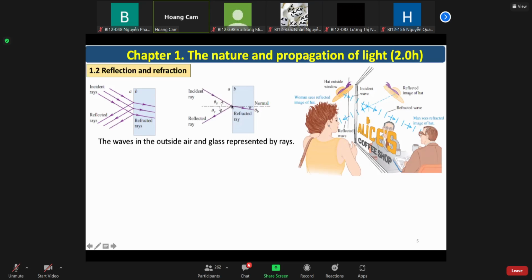And in order to draw the reflected ray as well as the refracted rays precisely, we need some mathematical tool, right? Yes, we need some law to show the relationship between the reflected rays and the refracted rays. In order to do that, first, we will draw a line which is perpendicular to the surface or the interface.